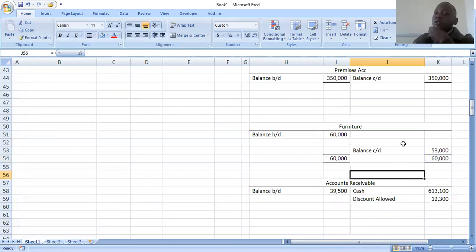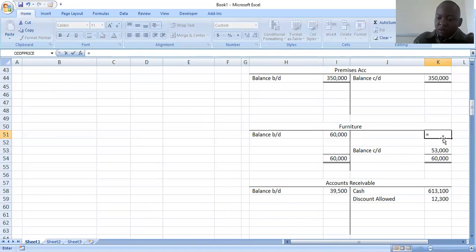This is to show that furniture declined in value from 60,000 to 53,000 at the end of the period. So they have declined by 60,000 minus 53,000.